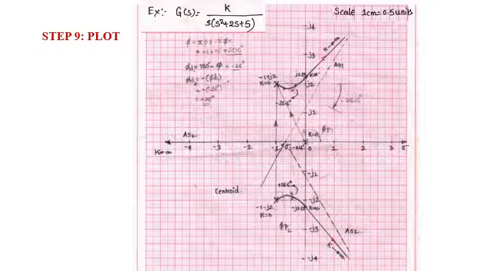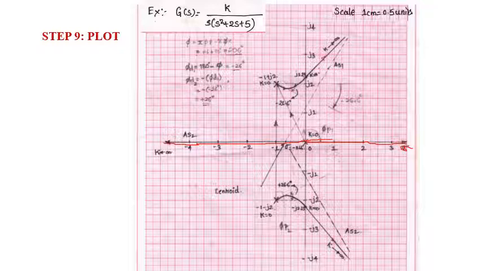Here draw a horizontal line: from the center you can use half of your graph sheet, draw a straight line, and mark this as sigma. Similarly, you can draw it on the other side also to show the negative sigma line.